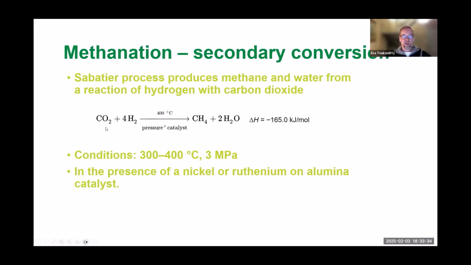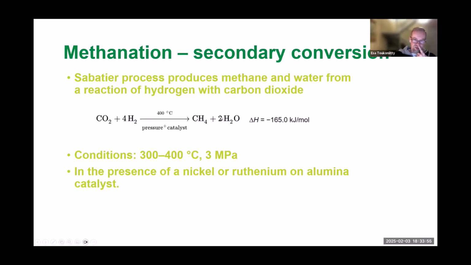So here you see the reaction scheme. Carbon dioxide and hydrogen combine. You get the desired methane, and in this case, a side product, water molecule. So it's a mixture of methane and water, but of course, these are very easy to separate from each other.